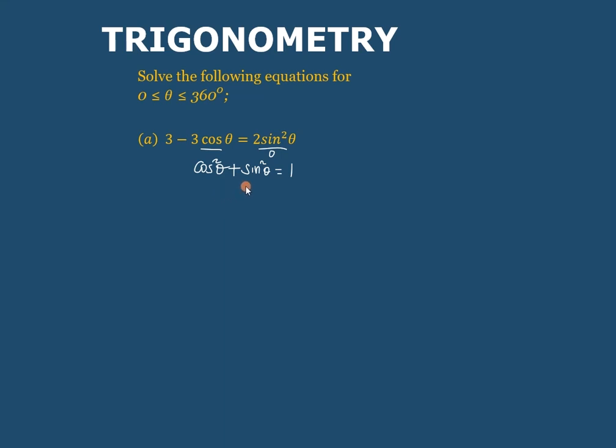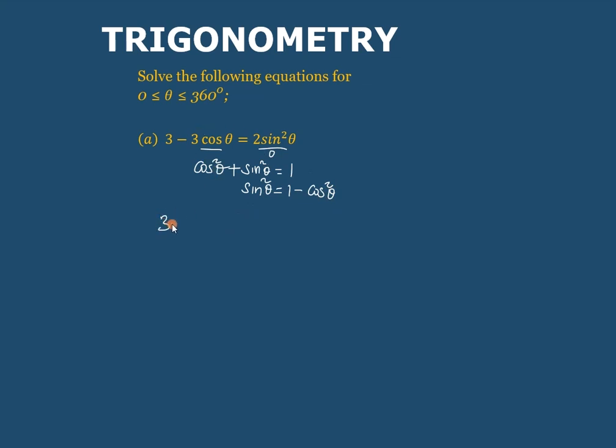So from here it means that the sine squared is 1 minus cos squared of theta. We are going to substitute that in this.